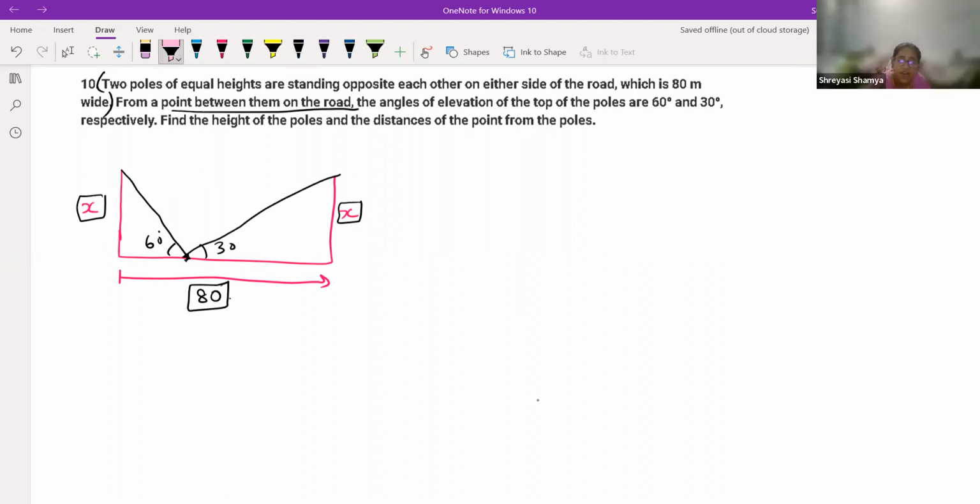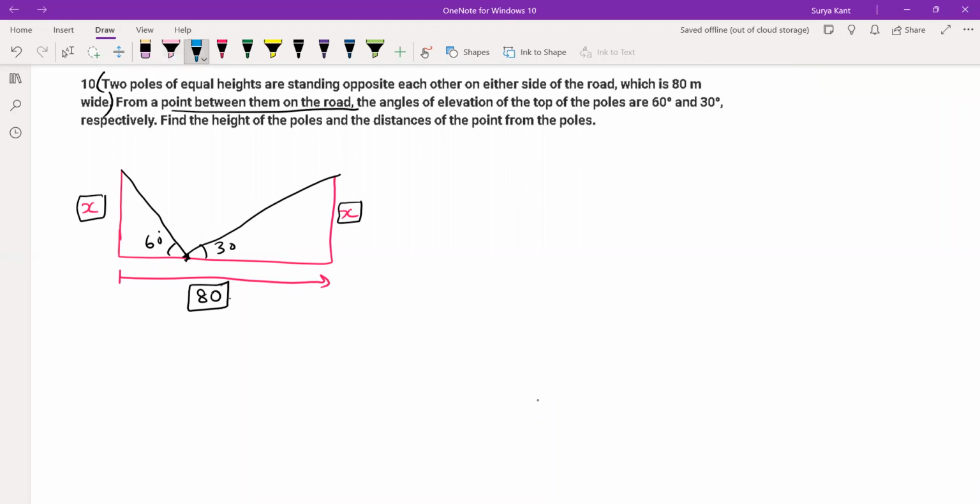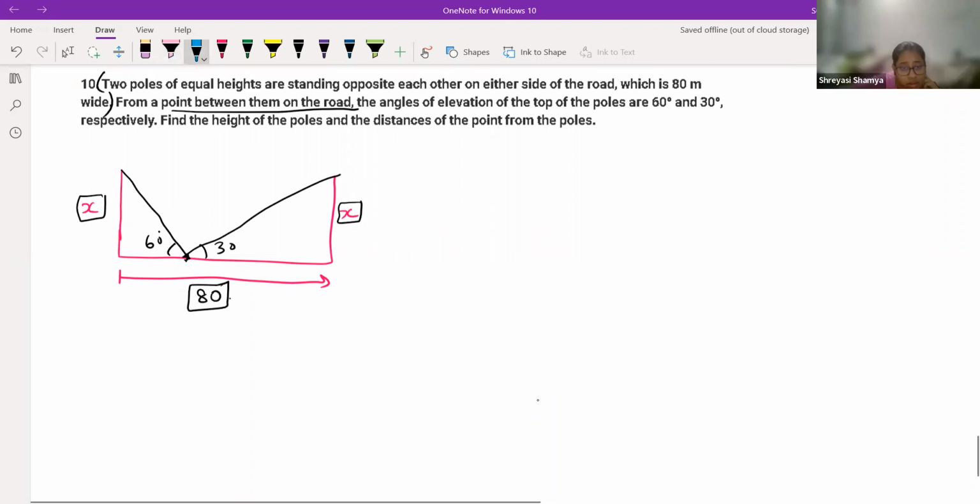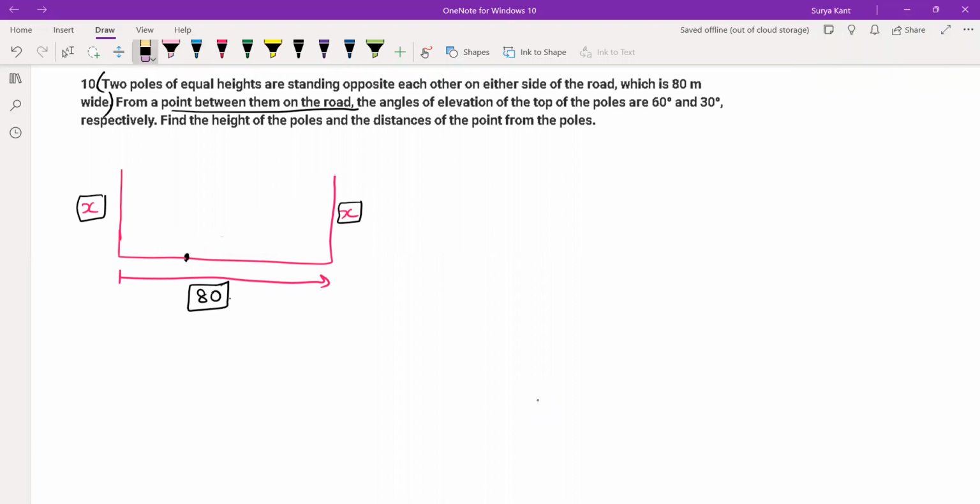Can I understand, sir, from a point between them on the road? You're not understanding this part, Sreyashi? Yes, sir. Okay, see, what is given here is that between the roads means this point and this point is the road. Any point between the road, the angle of elevation of the first pole and the second pole, two angles are given over here.